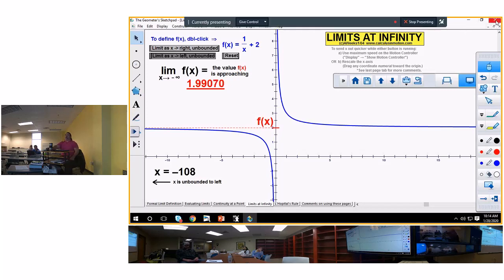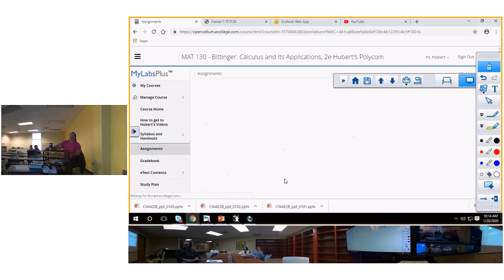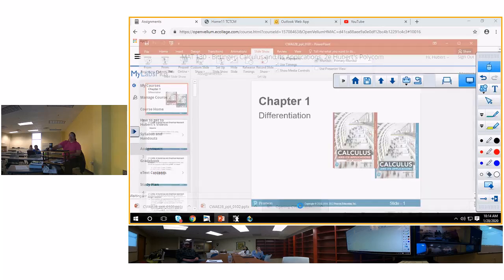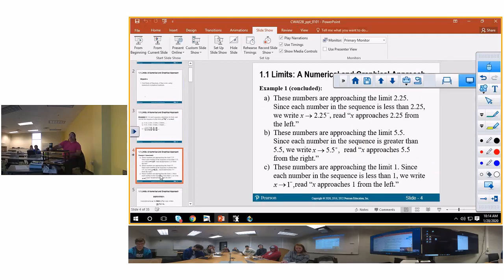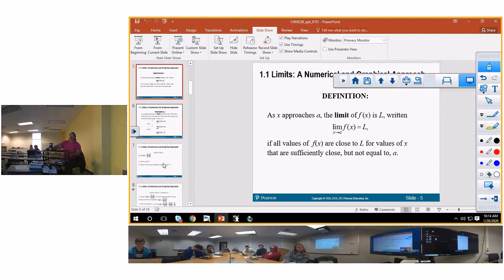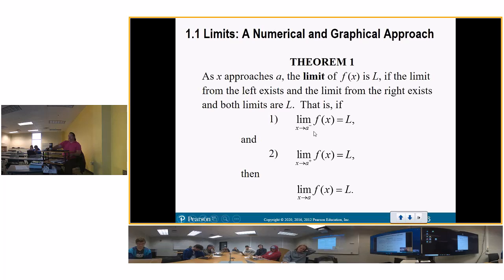So let's get to the other questions pertaining to algebraic limits. And that's what they're showing you here. They're showing you how to write as x approaches a from the left, as x approaches a from the right, and this, as x approaches a from the left and right.